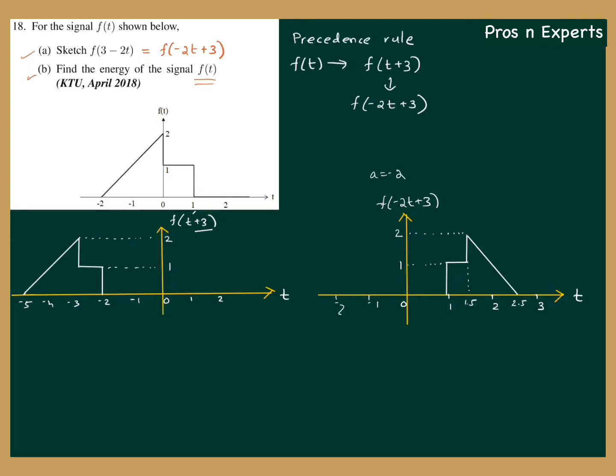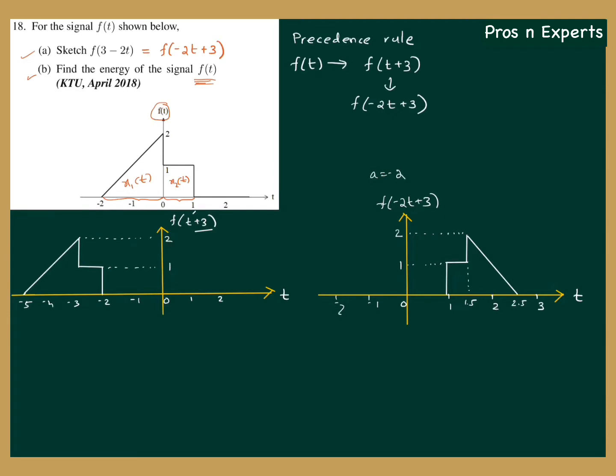Now we will see question B. Find the energy of the signal f of t. We have to find out the energy of this signal f of t. F of t is actually a composite signal. I can identify x1 of t as this triangular signal which has a duration from minus 2 to 0, and I can denote x2 of t as this rectangular or gate function from 0 to 1.